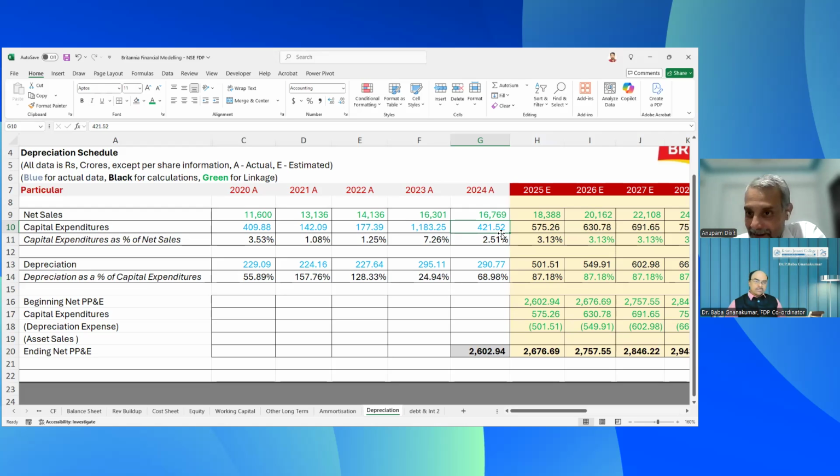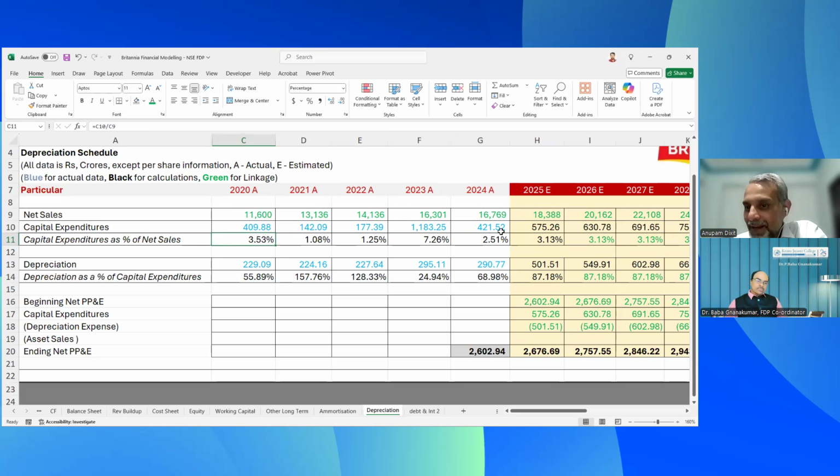Here we are using the straight line method, right? Actually, we are not even using the straight line method. We are just taking whatever capital expenditure the company has done historically, as a percentage of sales, right? Our premise is if the sales are going to increase, the capital expenditure has to increase, right? If the company wants sales to increase in the future years, they have to increase the capital expenditure, right?